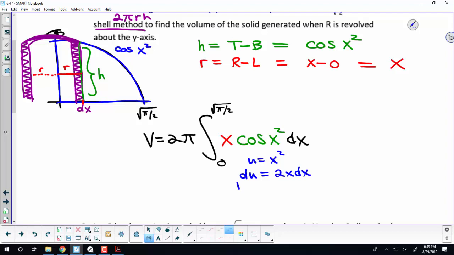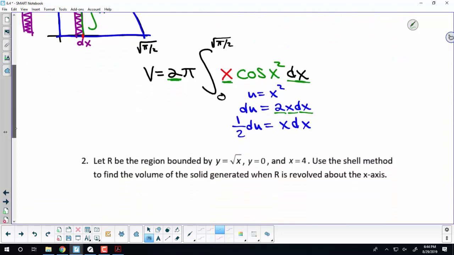So if you wanted to look at it like this, we can. We can also look at it, so that's usually, I don't know how most people do it, I would assume. But if we looked at it and we said, well, I have a 2 times an x times a dx, here's a 2, here's the x, and here's the dx. So I could say that 2, that x, and that dx were all du if I wanted to.